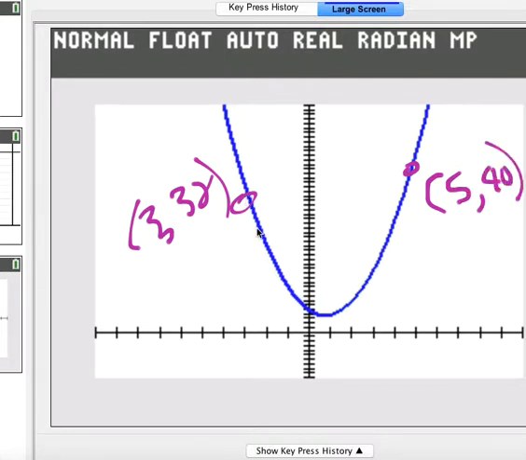Even though the graph goes way down here and then comes back up here, all I would be looking for is, if I drew a straight line to connect that, what is the slope of that line?